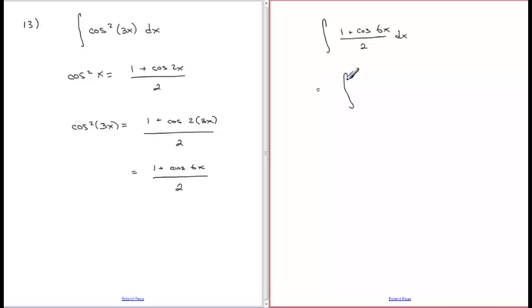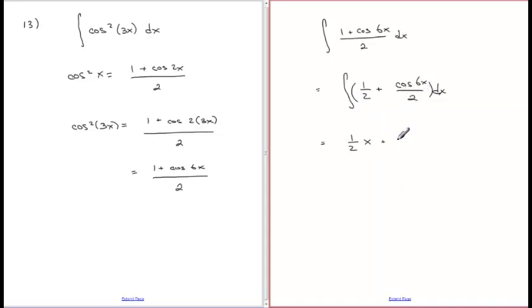So we'll have the integral of 1/2 plus the cosine of 6x over 2, all times dx. Then we don't have to use substitution for the first part. So the first part is we get 1/2 x. The integral of dx is x, times 1/2. And the second part is the cosine of 6x.